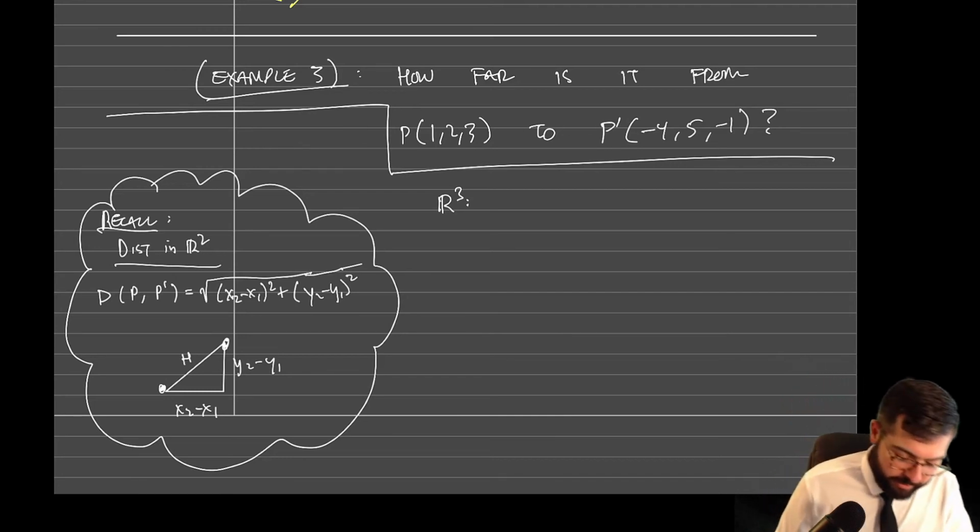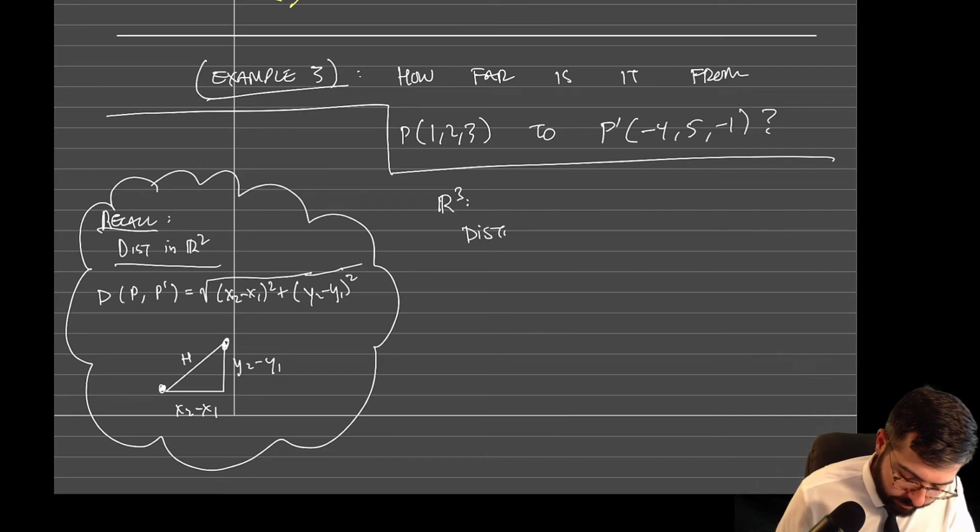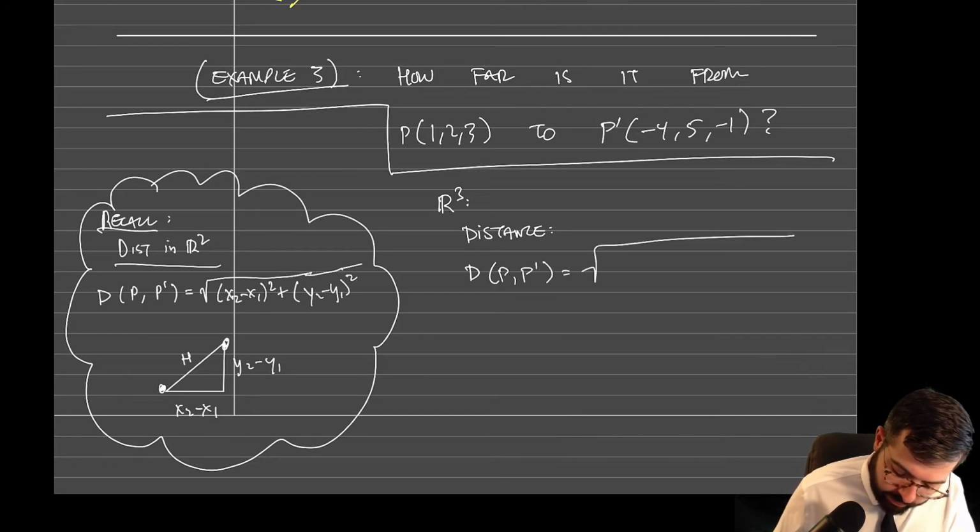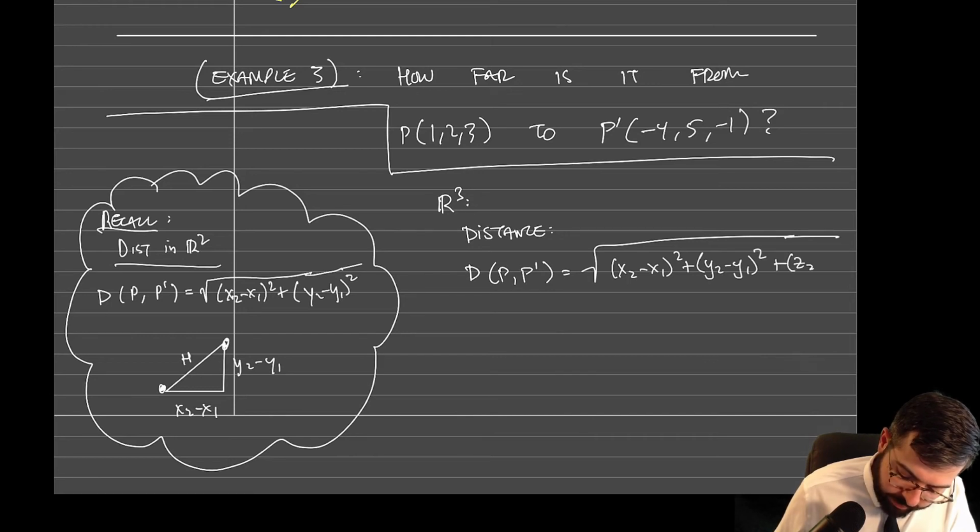And so that distance formula is pretty nice in that it is the square root of x2 minus x1 squared plus y2 minus y1 squared plus the distance in the Z direction.